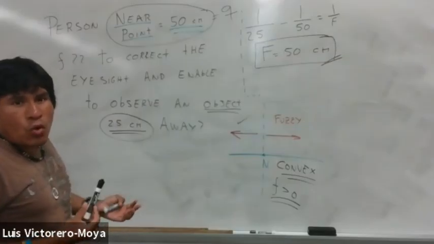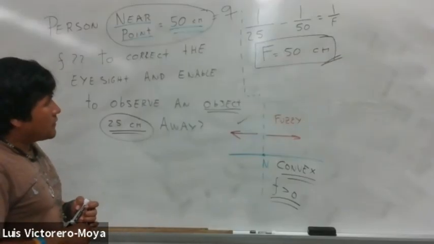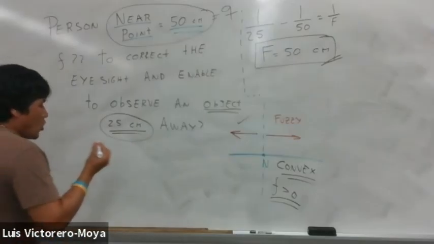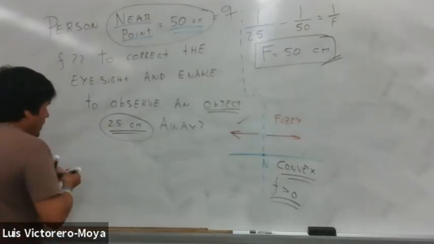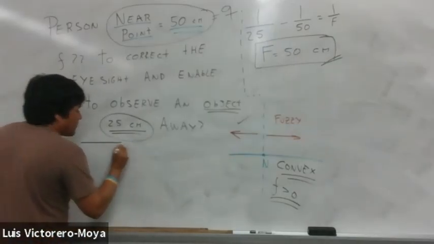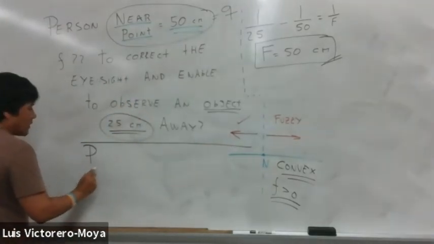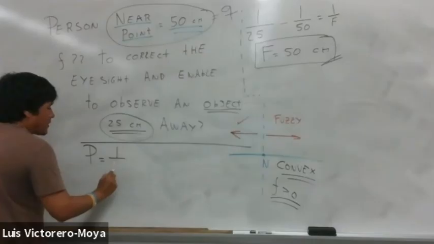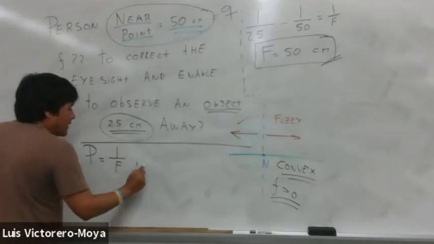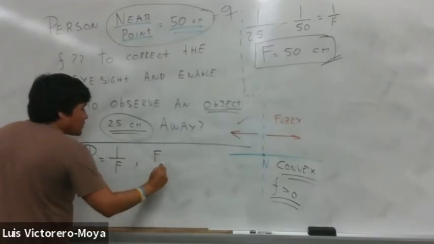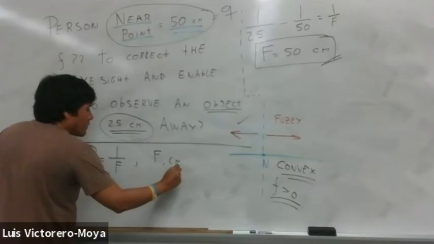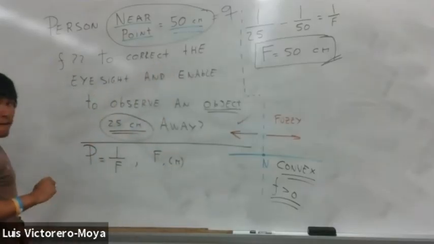And then they ask you, what will be the power of the lens? So let's do it here. The equation for the power of a lens is equal to 1 over the focal length, but the focal length has to be in meters. The focal length is 50 centimeters, which is 0.5 meters.